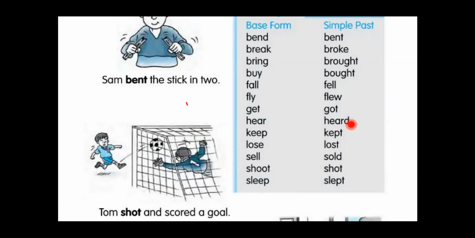Hear will become heard. Okay, मैंने सुन लिया, heard. Get will become got. Fly will become flew. Buy, bought. Bring, brought. Break, broke. Bend, bent. So these are nothing but irregular verbs in simple past tense.